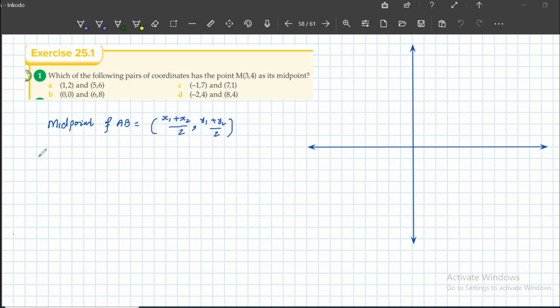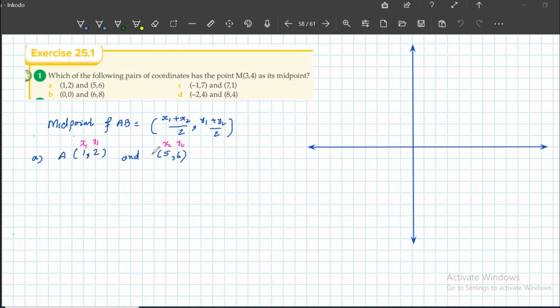If we check part A, we have the points 1 comma 2 and 5 comma 6. Here we have x1 y1 and here x2 y2. So straight away we can replace in the formula.